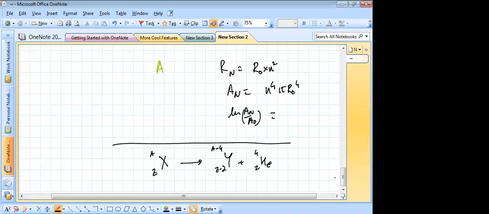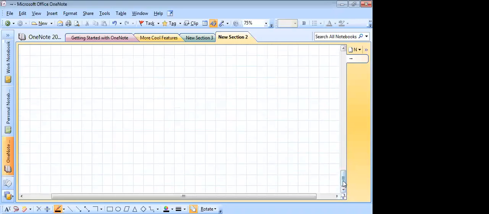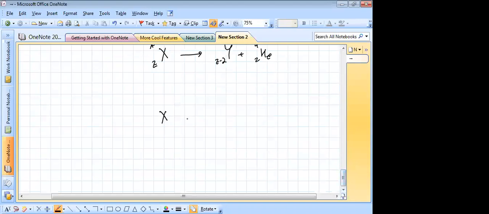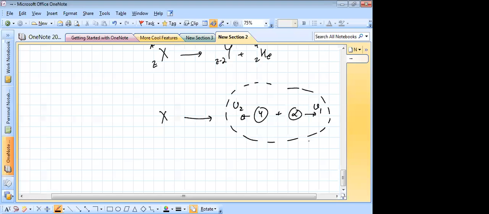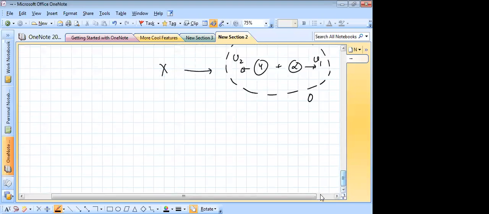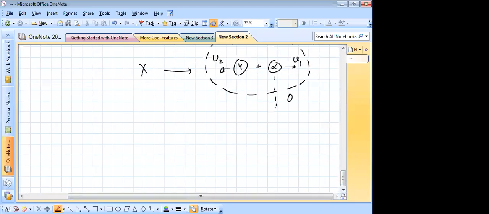Yes. Now what you assume is that the mother nucleus was at rest to begin with. So X was at rest, and then it gave you Y plus that alpha particle. So if this was going at speed v1, this will recoil at speed v2. So that momentum of the system should be how much? 0. इसका mass जो होगा 4 times atomic mass unit होगा approximately, और इसका mass कितना हो जाएगा?